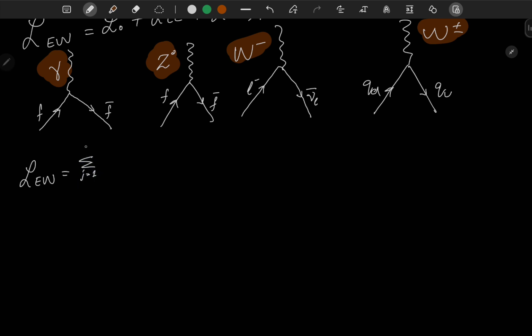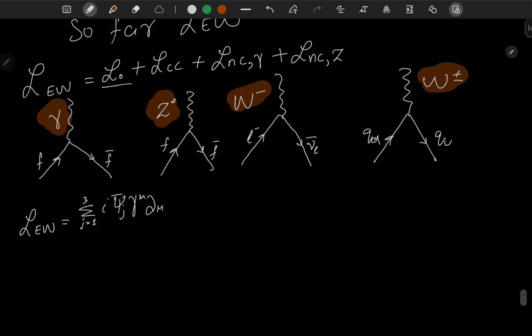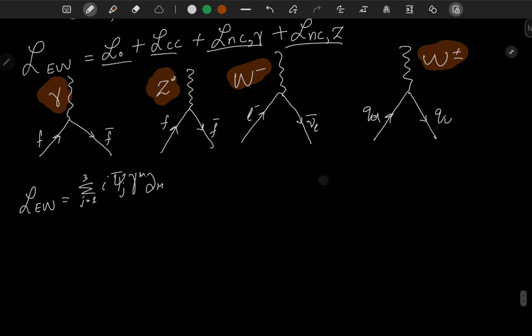So first of all, we have our free Lagrangian. I'm just going to write the terms corresponding to L0, LCC, LNC through gamma, and LNC through the Z boson in full form, just to get a feel of satisfaction.